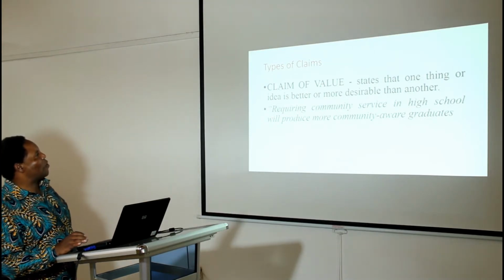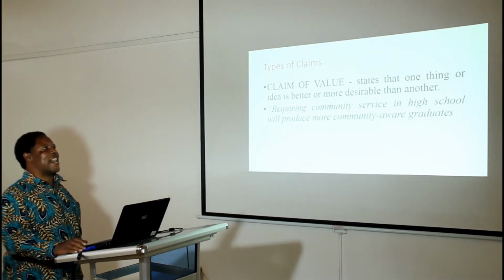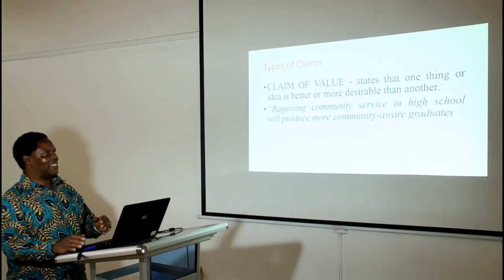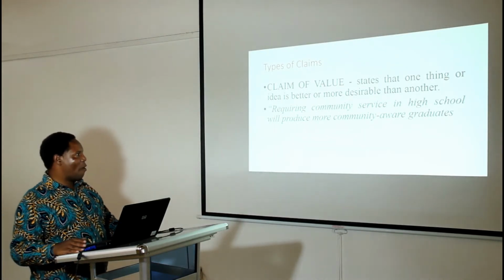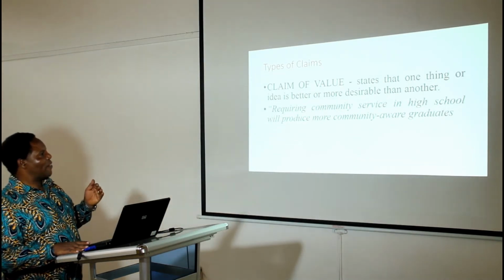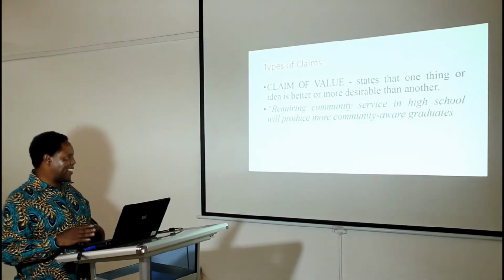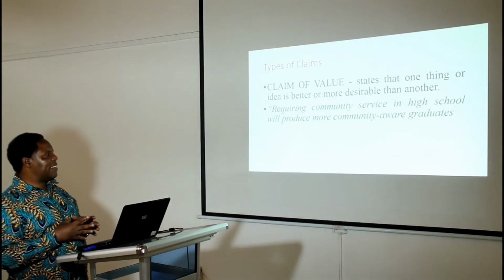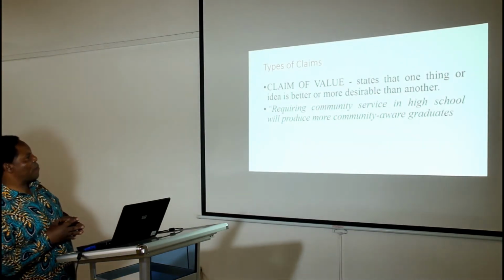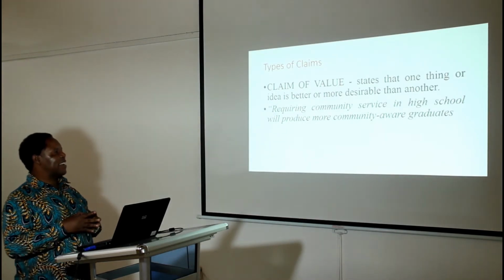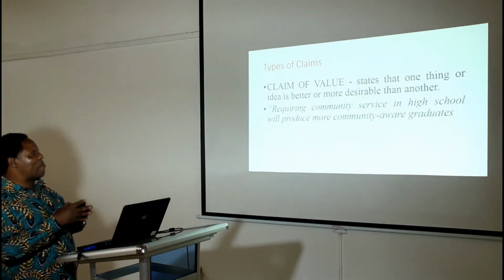Now we have what we call claim of value. This states that one thing or idea is better or more desirable than another. For example, requiring community service in high school will produce more community-aware graduates.